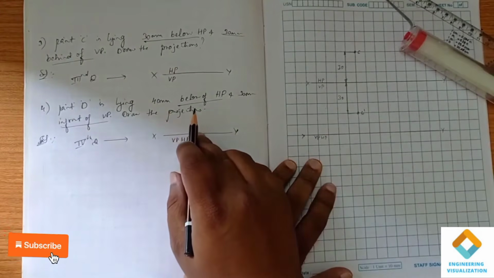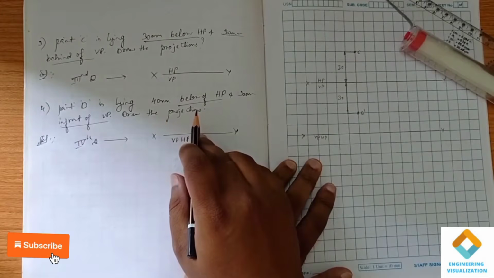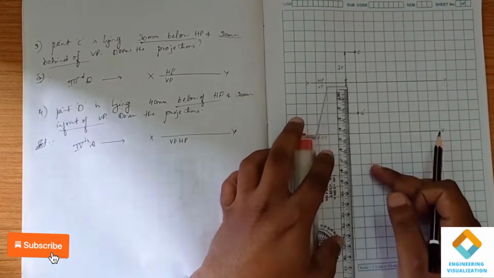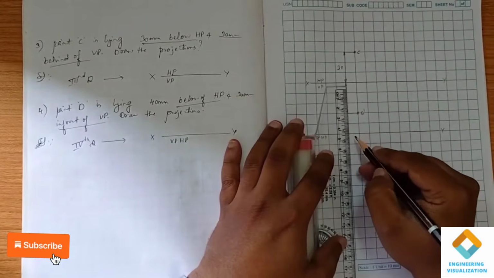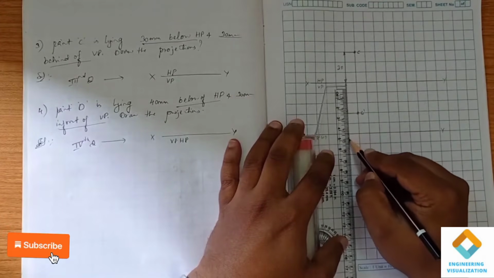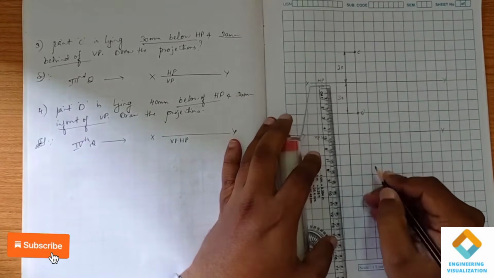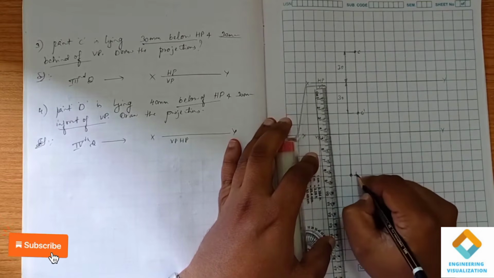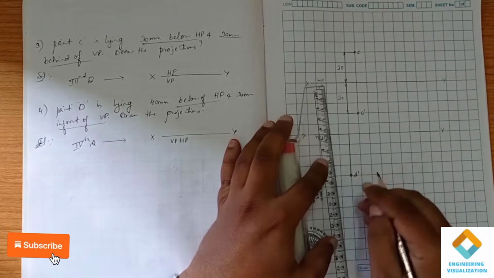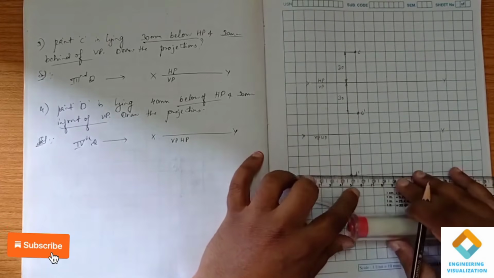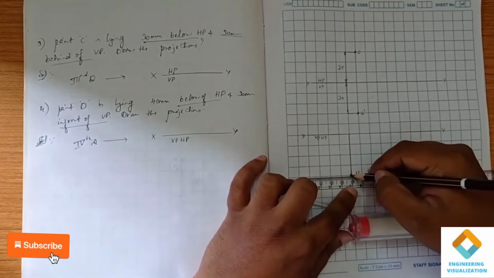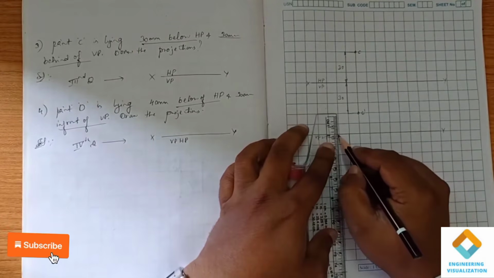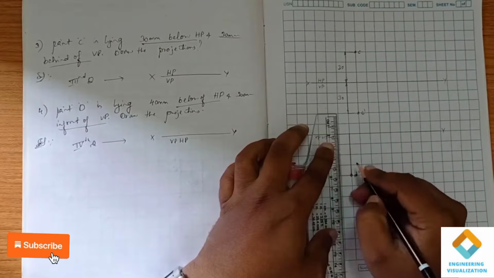Now 40 mm below HP. So below HP or above HP means it is front view. So we draw the front view first. It means 4 boxes and you put a point. So this is D dash. Show it with the dimension.